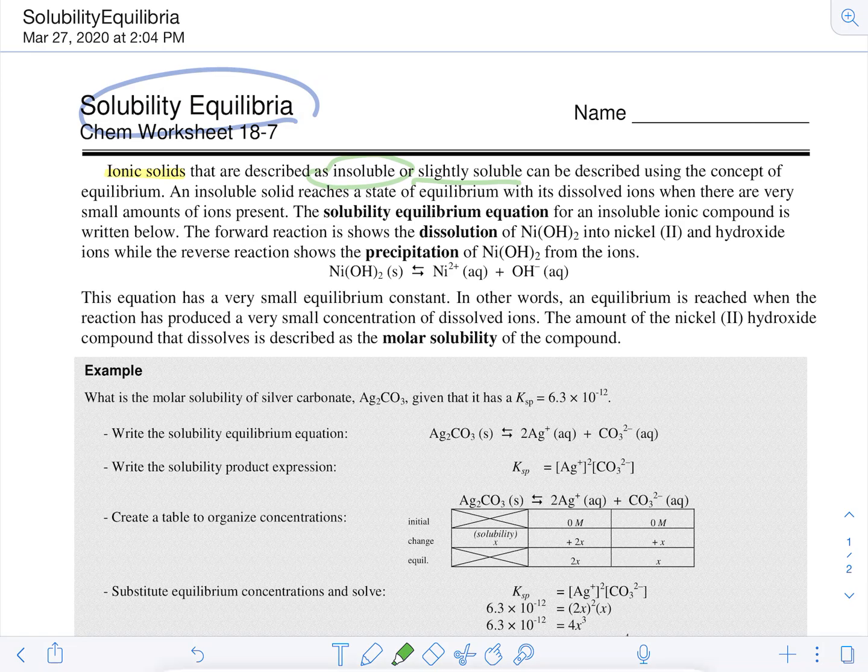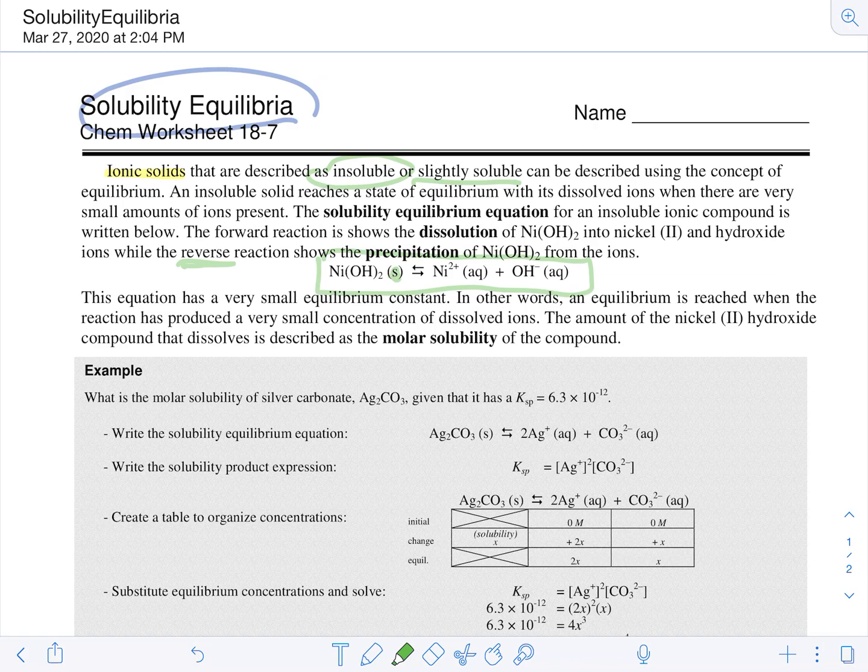Now, in order to understand this, this is a reversible reaction, and typically we are looking at a solid which is being dissolved into ions. So notice that we have nickel hydroxide, and on the right hand side we have the ions that can form within that solution.